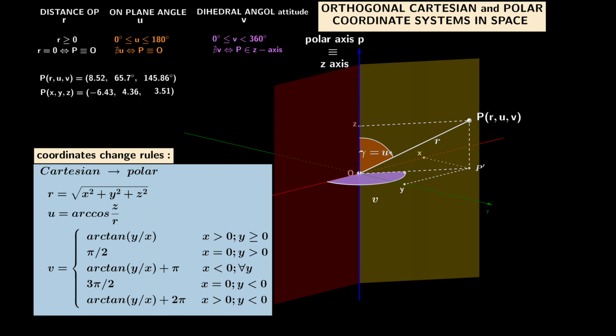Cartesian to polar: R equals the square root of x squared plus y squared plus z squared.